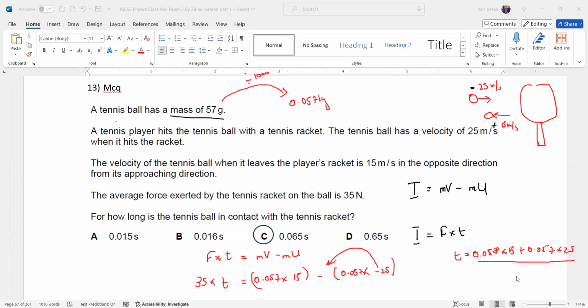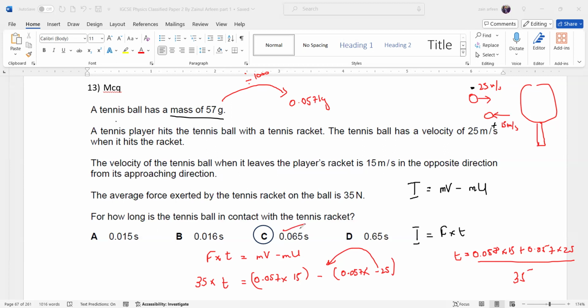If the direction does not change, you subtract the two momentum to get the impulse. So 0.057 times 15 plus 0.057 times 25 divided by 35, you will get 0.0649, which is 0.065. So C will be the right answer.